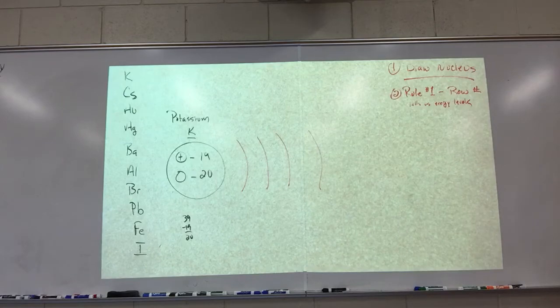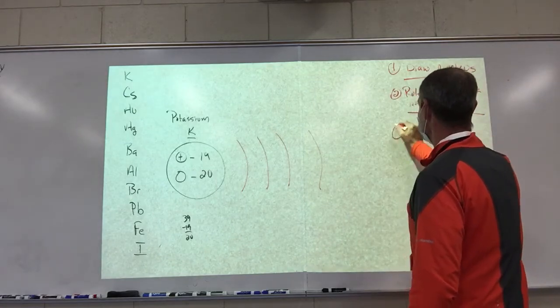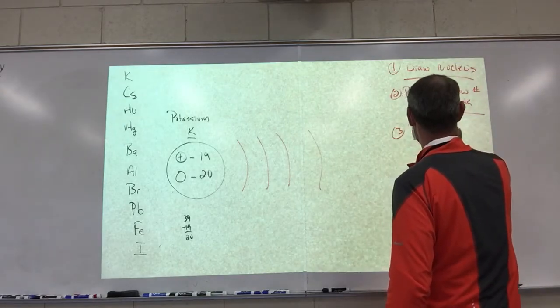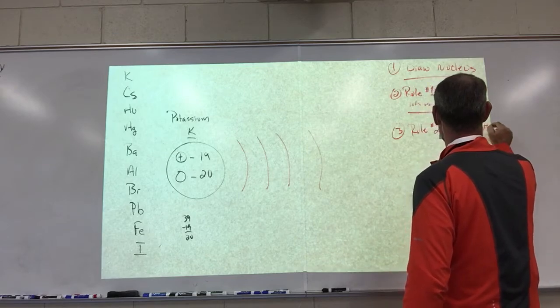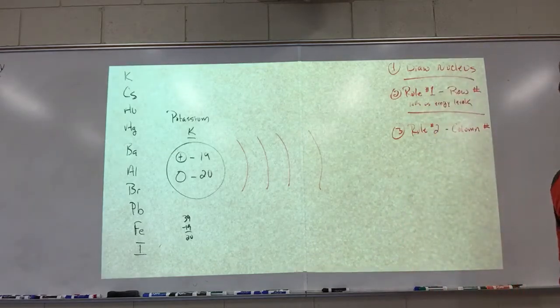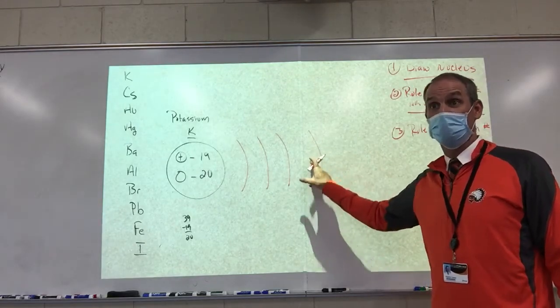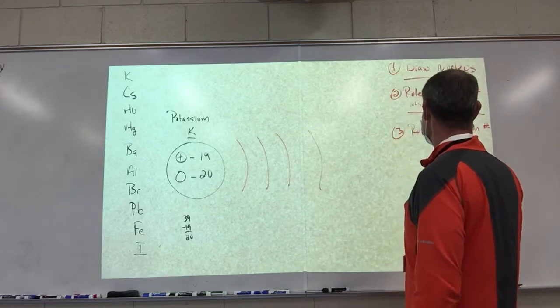Step 3. What do I do next? Rule number 2, which is the column number, which is always the Roman numeral. And what's that tell us? You put it in the outermost energy level. Perfect. Let's look at potassium. What column is it in? 1. It's in 1.